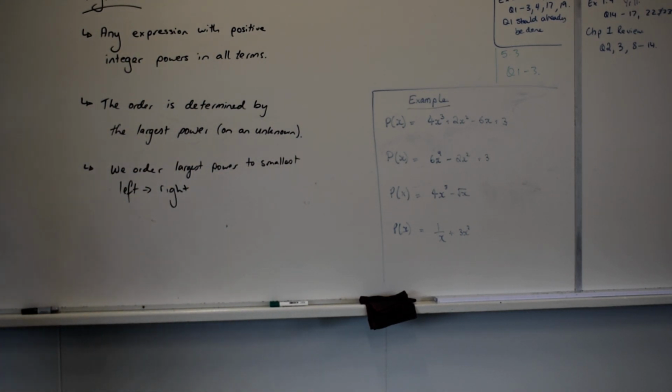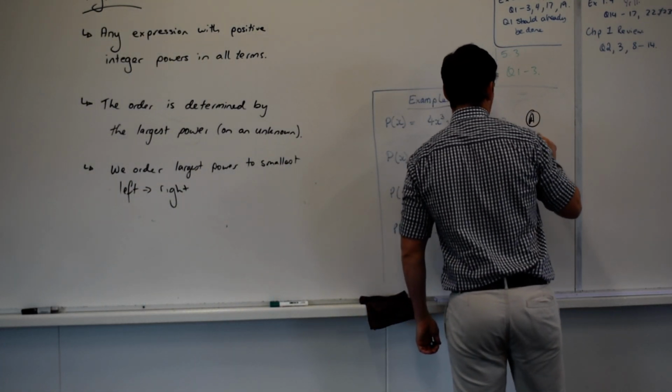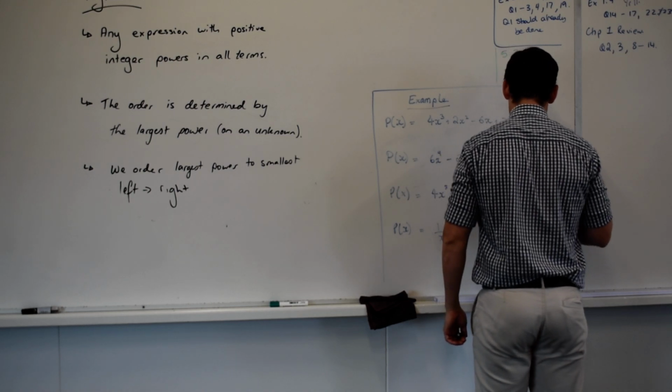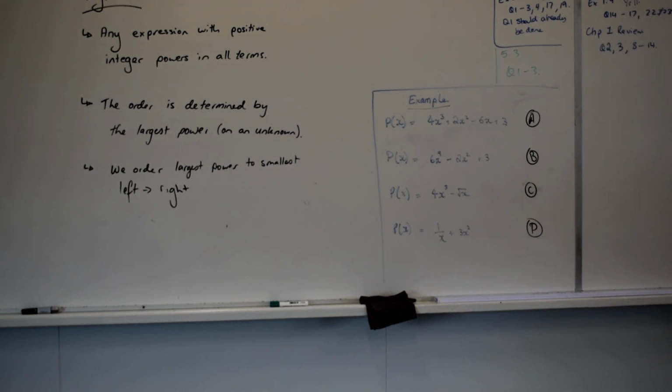Just write down the letters, I'll give you letters so you know. This isn't a multi-choice where there's only one correct answer. There could be 0 correct answers, there could be 4 correct answers, or any number between.